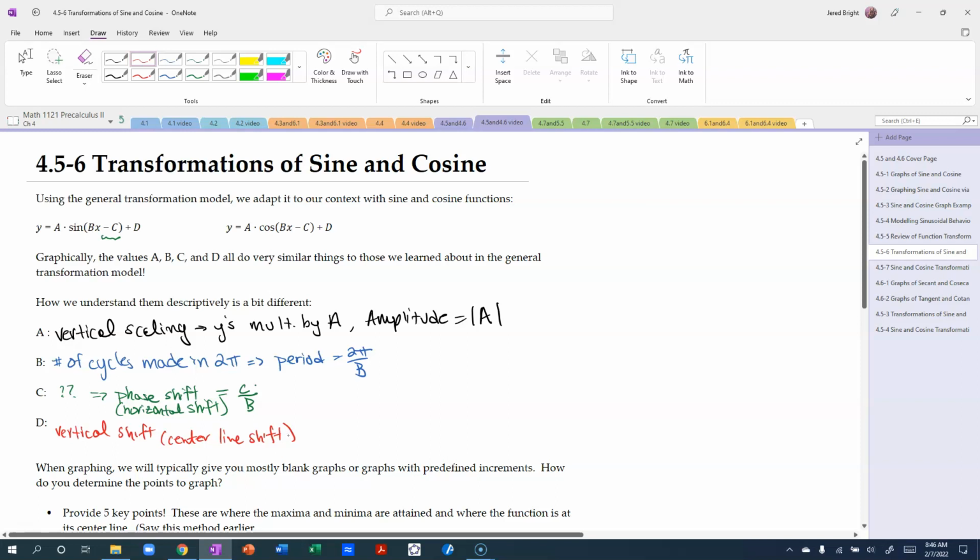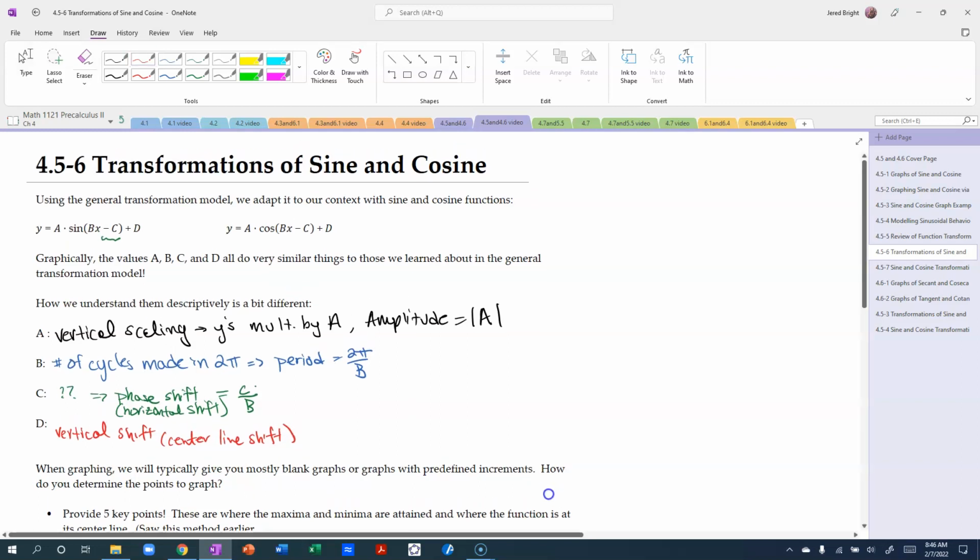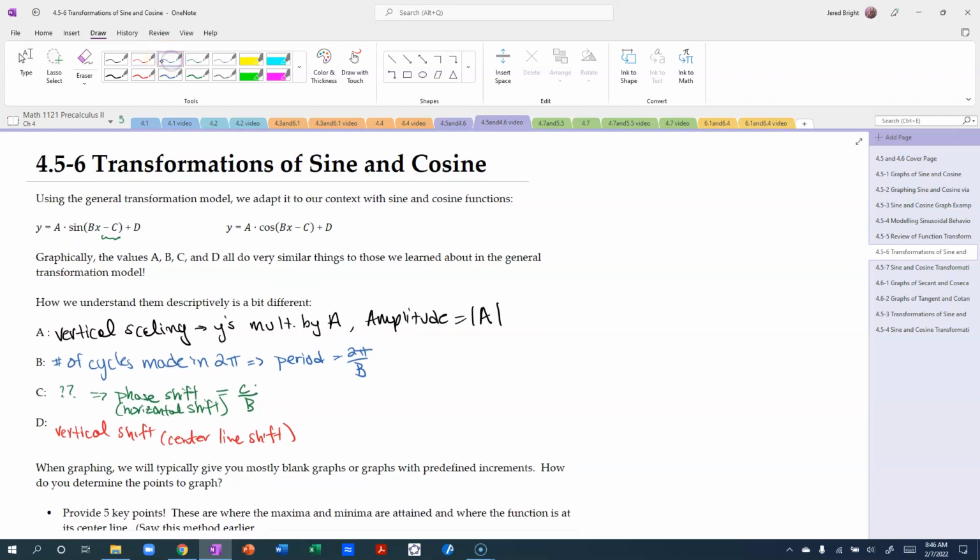Now, in terms of transformations, generally what I always recommend is to do horizontals first, which means doing B and C first, and within those, typically you shift and then scale. So typically it's 1 and then 2, and after you do horizontals, then you do the verticals: scale, and then shift vertically.